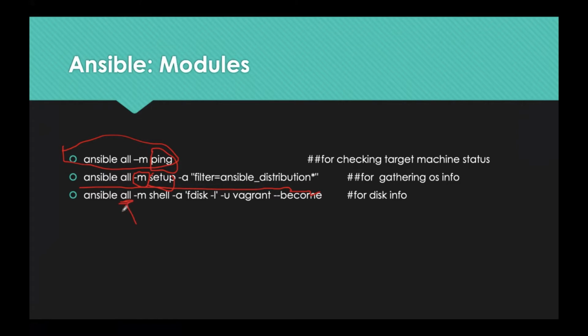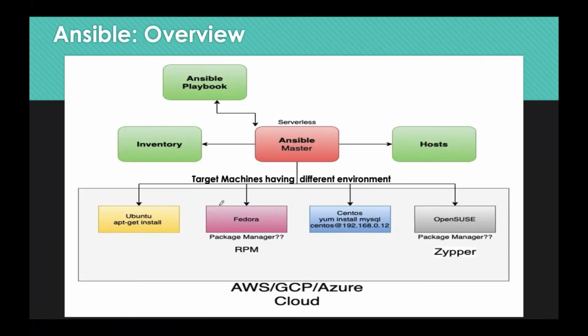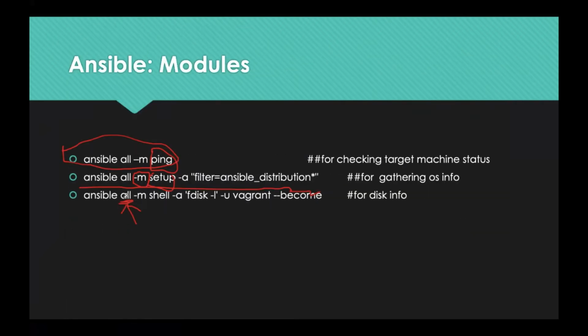This information is provided in the hosts file, or the inventory file. This syntax is pulled from the hosts file, using the hyphen m flag. This is the information of which hosts you are trying to target.